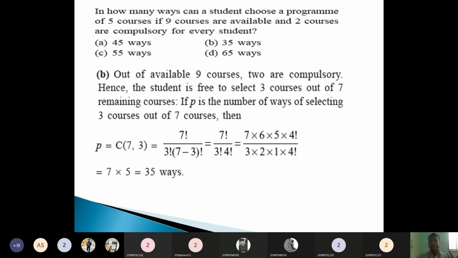Only one way. So out of 9, you eliminate those two courses, mathematics and technical English. In the 5 courses also, the 2 courses are eliminated. From the remaining 7 courses, you have to choose 3. Simplify, and you will get the value 35.